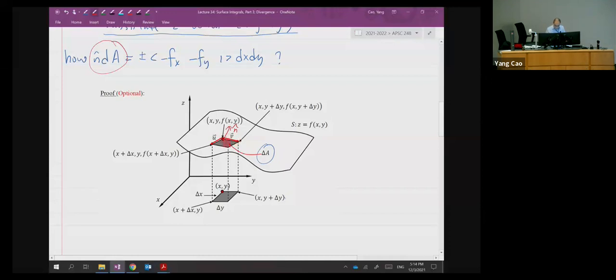As we learned from the earlier lecture, when you have two vectors representing the two sides of a parallelogram and you use u cross v and then take the absolute value of that, I wonder if you remember what you get.